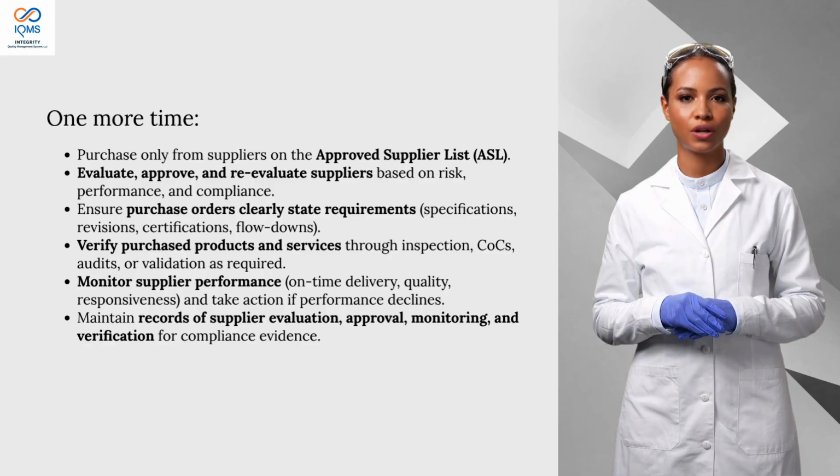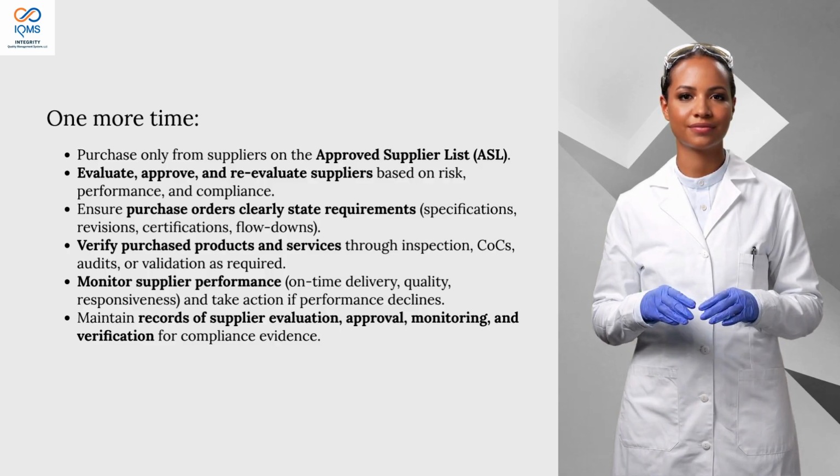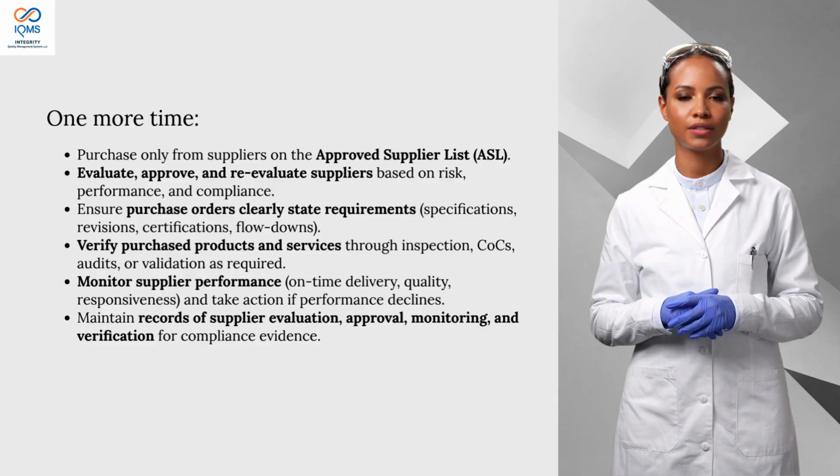Verify purchased products and services through inspection, COCs, audits, or validation as required. Monitor supplier performance, on-time delivery, quality, responsiveness, and take action if performance declines. Maintain records of supplier evaluation, approval, monitoring, and verification for compliance evidence.